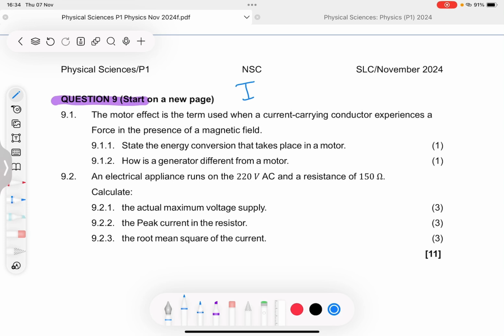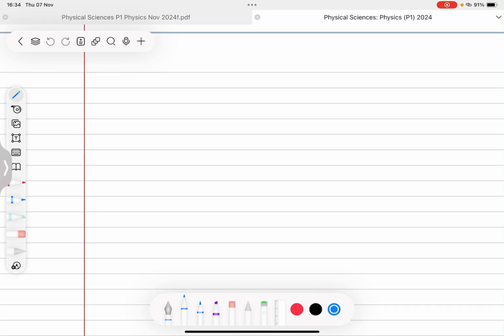Now, the first question, 9.1.1, says state the energy conversion that takes place in a motor. This means, for the fact that I saw that it's a motor, I'm classifying the problem and now I'm going to answer the questions. The C stands for classification, A stands for answering the question.